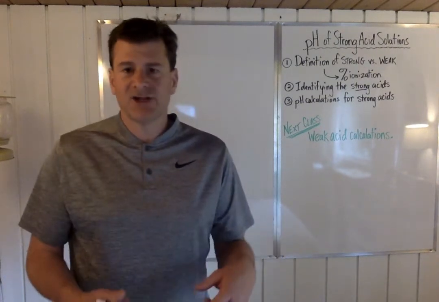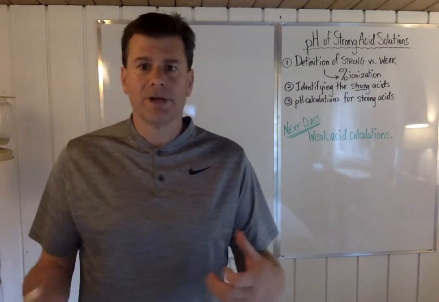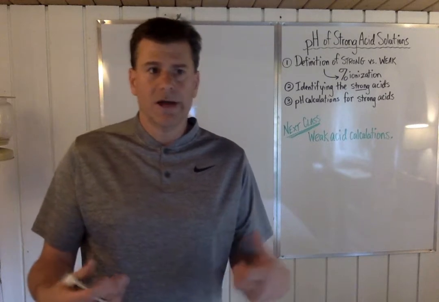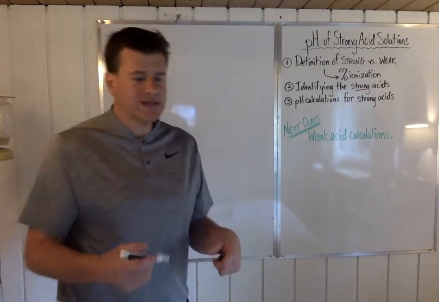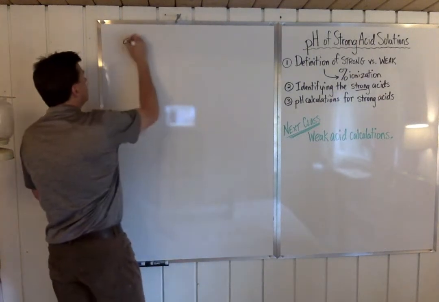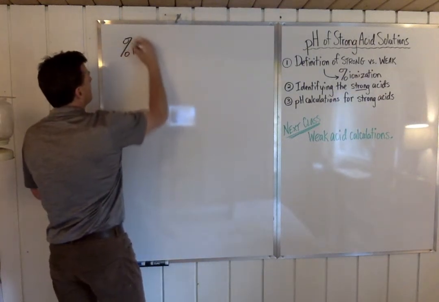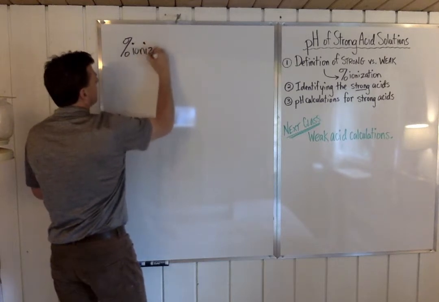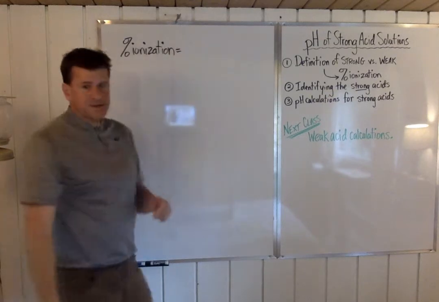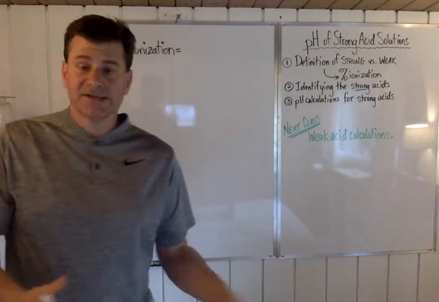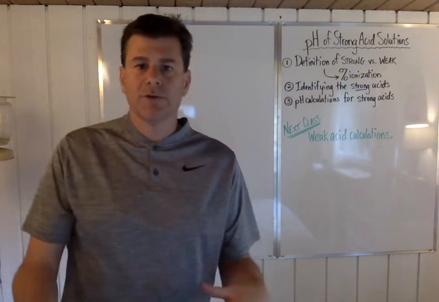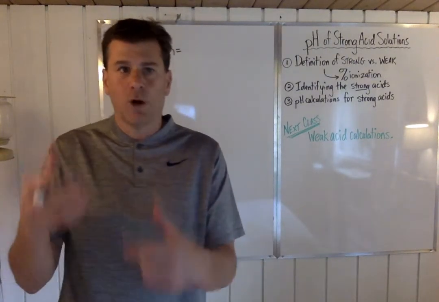So for percent ionization of an acid, there's a little formula, okay? Sometimes the math helps people visualize what's going on. So percent ionization could be represented in a little mathematical formula. So the percent ionization of an acid equals, and if you think of the chemical reaction of taking an acid and putting it into water, what does it do?